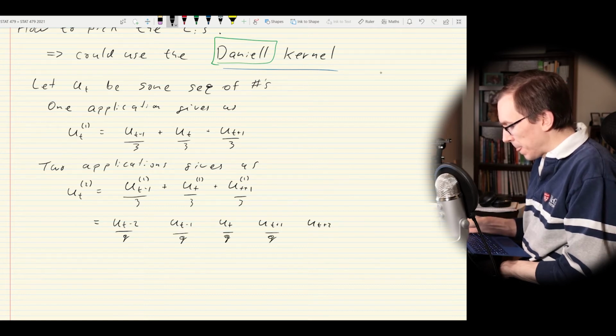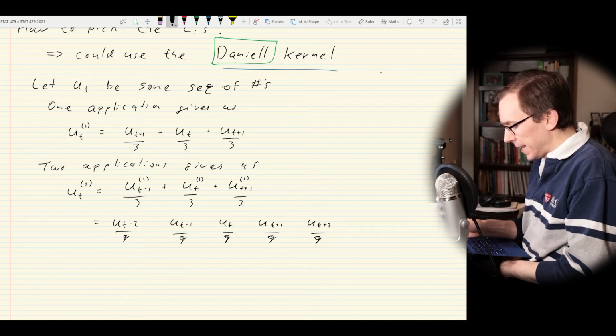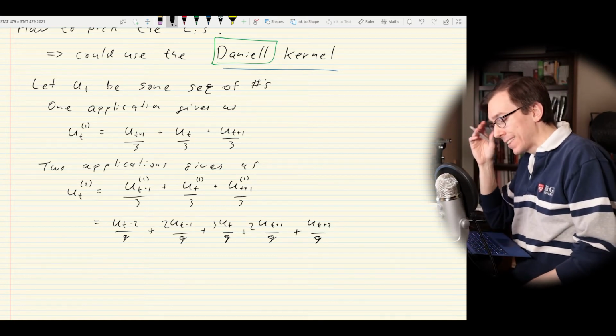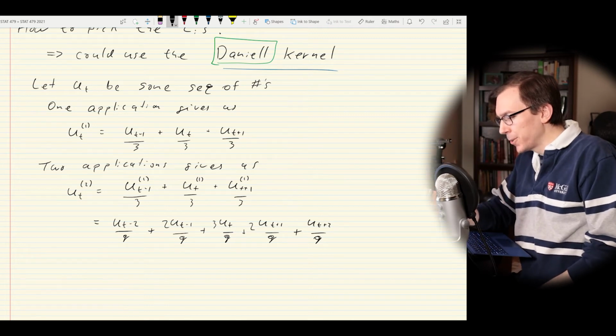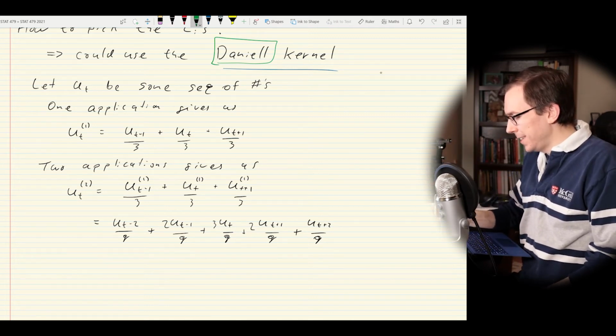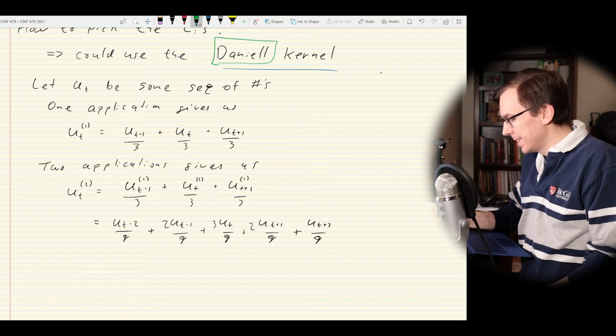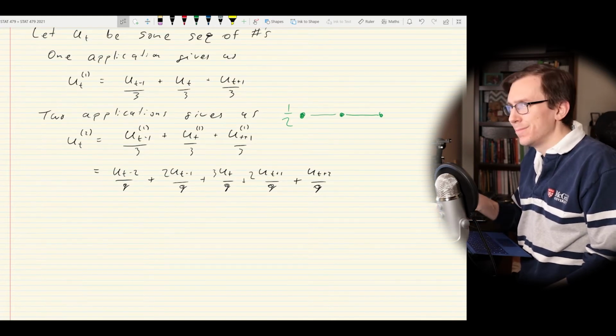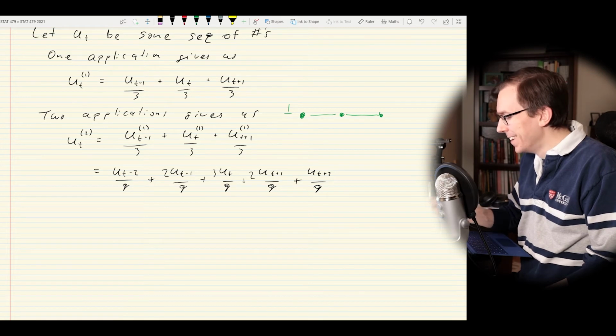So this gets a plus and a 2, a plus and a 3, a plus and a 2, a plus and just a 1. So I'm not going to write anything there. One application is going to give us weights that look like this: 1/3, 1/3, 1/3.